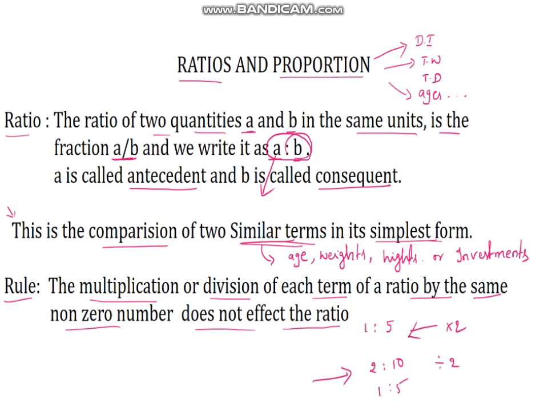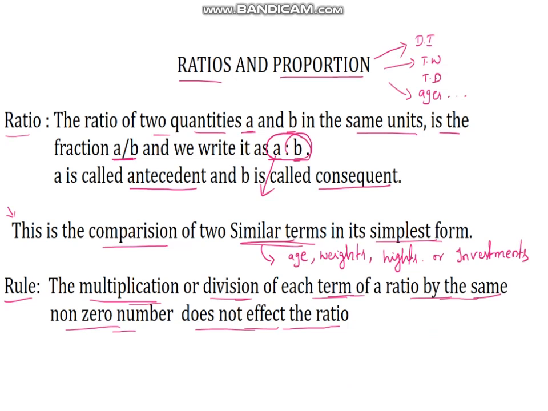So for any ratio, the multiplication or division of each term by the same non-zero number does not affect the ratio. See here, there is no change in this ratio. If we have two parts, first term and second term, and each term is multiplied or divided by the same number, the ratio is not affected.